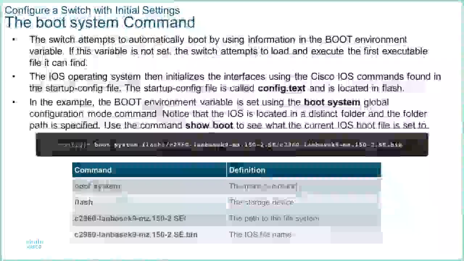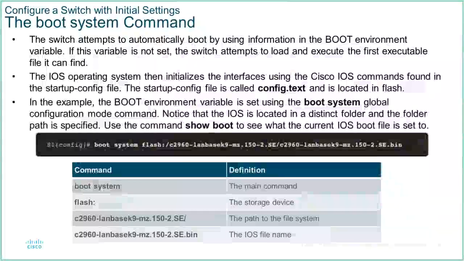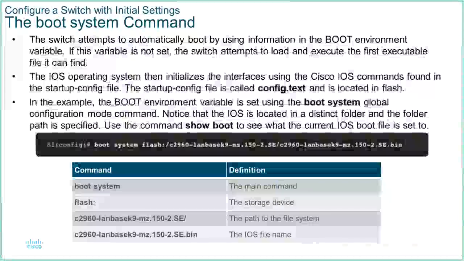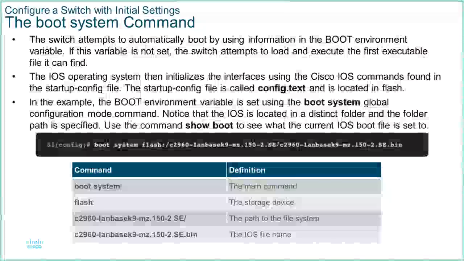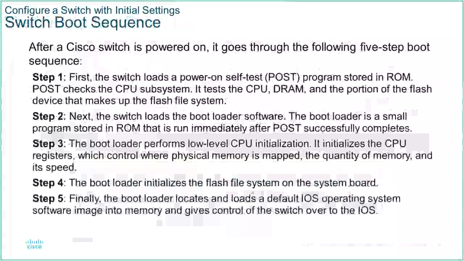So we can massage this system of where it finds the operating system with the boot system command. There is a default boot system, as we saw here. It looks at the flash.